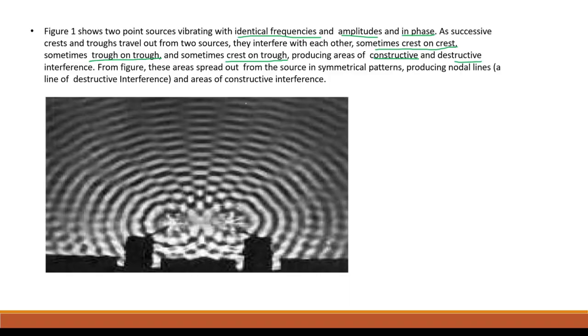From the figure, these areas spread out from the source in symmetrical patterns, and notice how they're symmetrical and discernible, because if they didn't have these 3 things the same, then it wouldn't be a pattern. And so they produce nodal lines, which are the lines of destructive interference, as well as the areas of constructive interference.